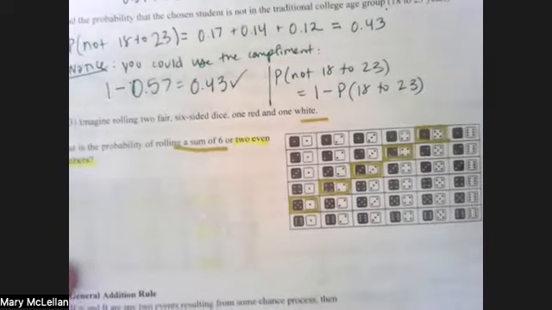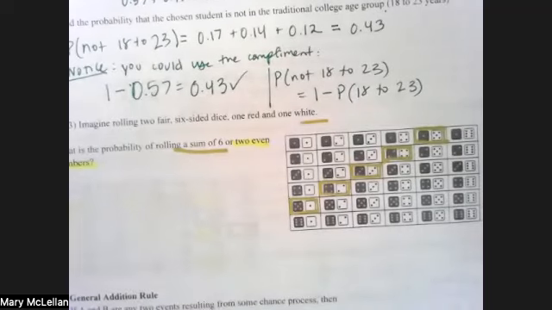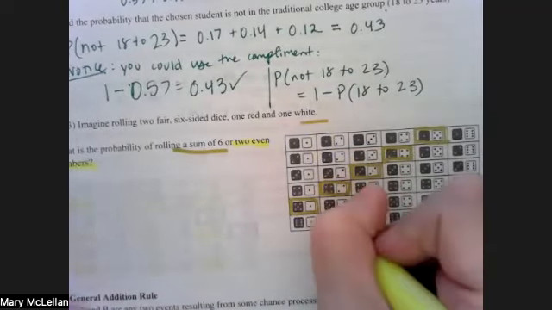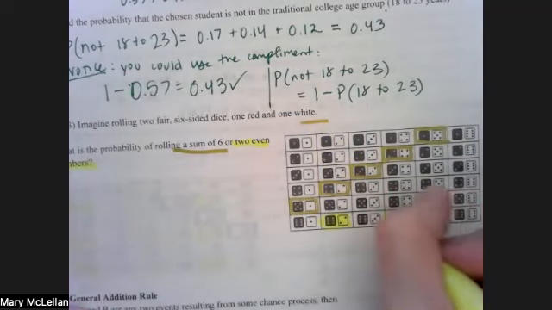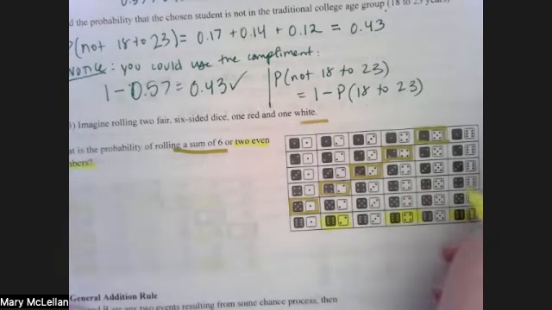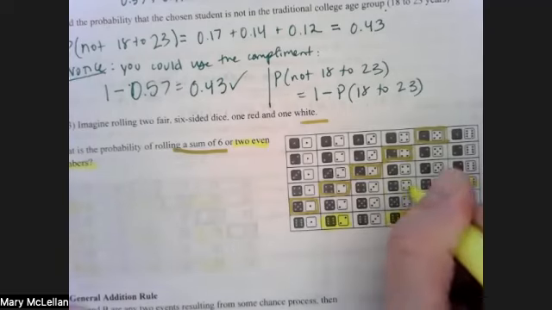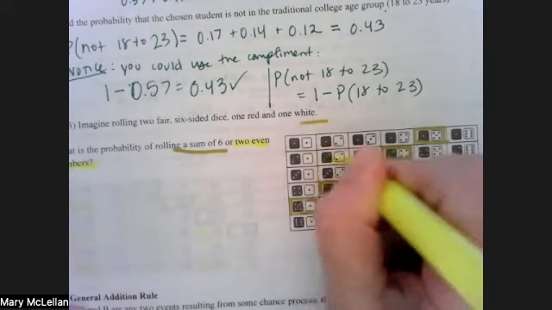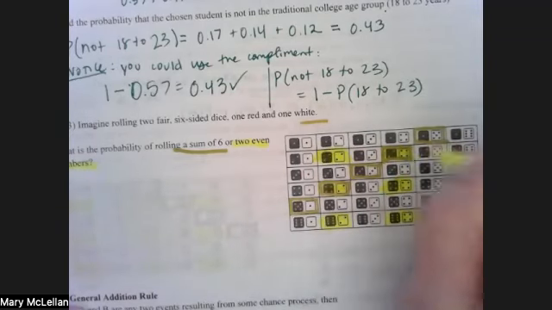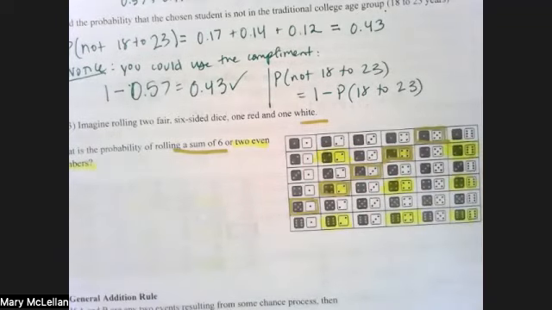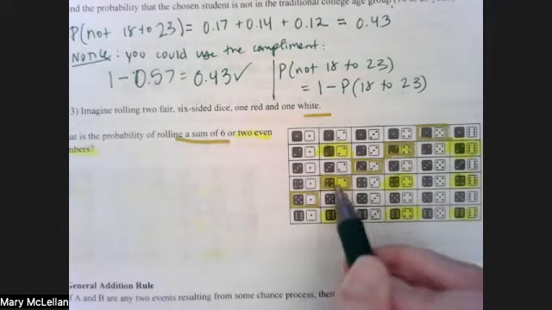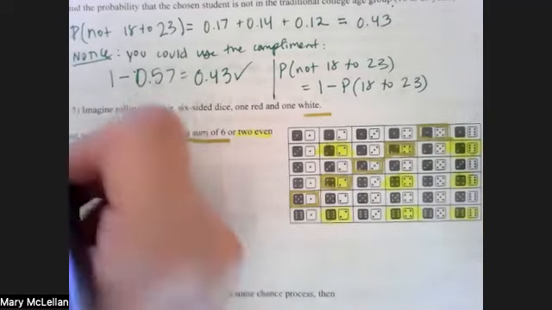How is this problem different than the last problem is the question I hope you're asking yourself. Let's highlight the even numbers. Okay, so there are 9 ways to get even numbers and 5 ways to get a 6.